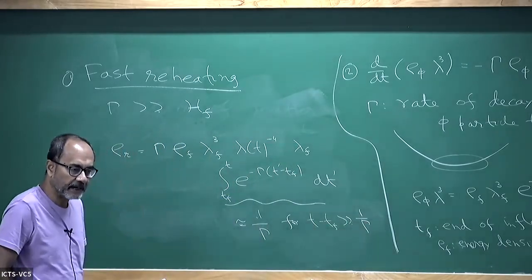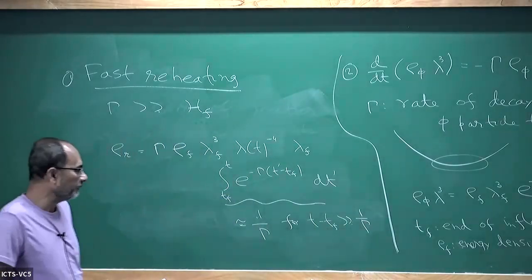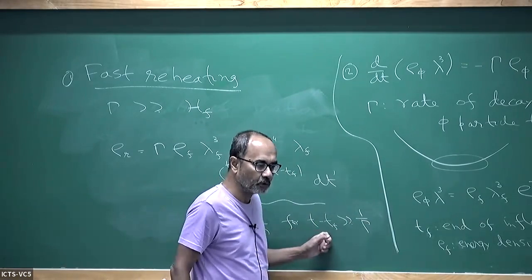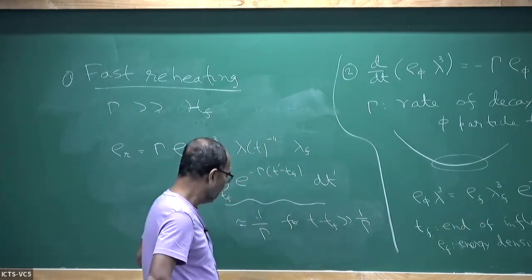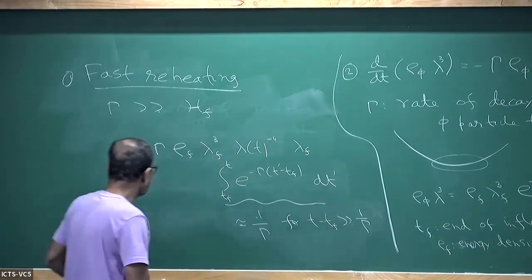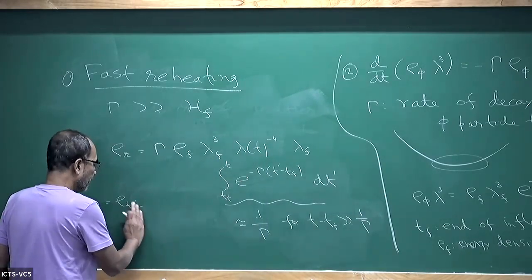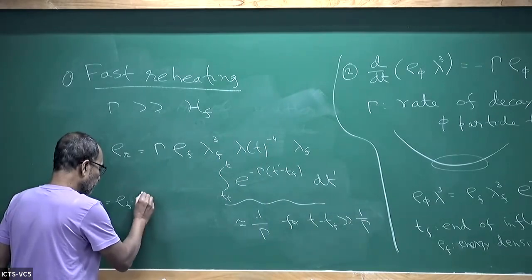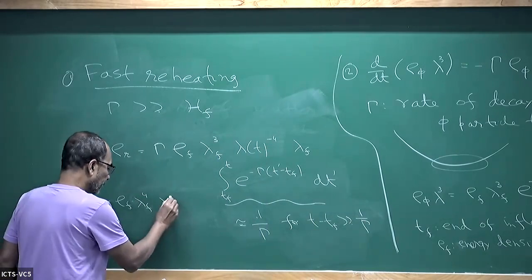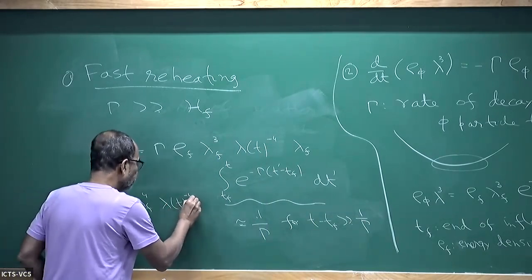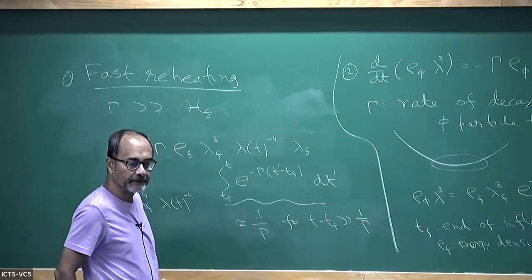That gamma is large, so t minus tf larger than 1 over gamma still means t is close to tf. And you can approximate it by 1 over gamma. So this basically becomes rho f lambda f to the 4 lambda t to the minus 4. Okay, this gamma cancels 1 over gamma.